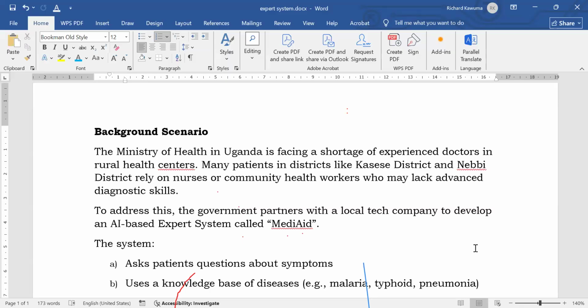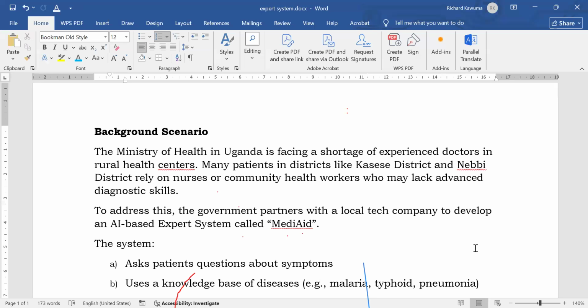Because such questions may come, and you may fail to figure out where to get the answer. The exam questions are just going to be like that. They are going to be scenario questions.